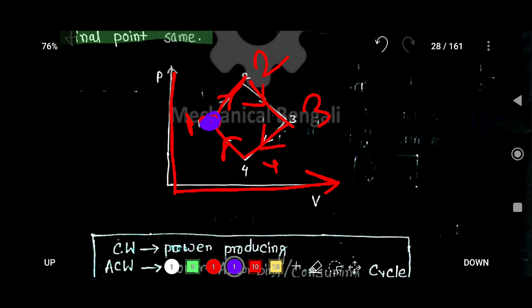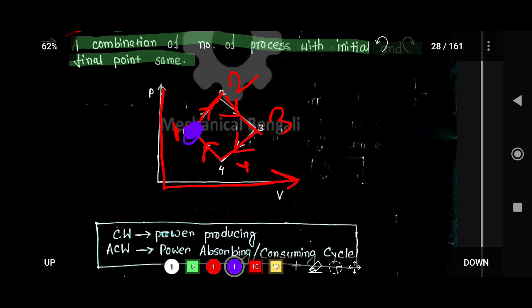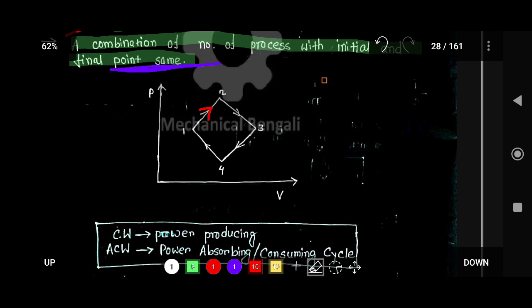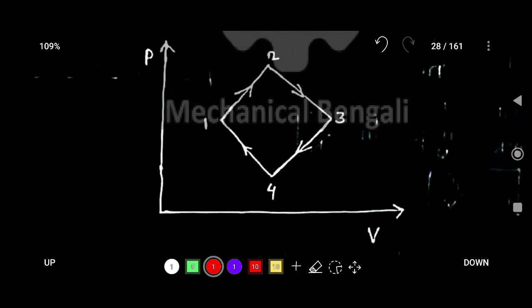The initial point is 1 and the final point is also 1. If the initial point and final point are the same, then you consider it a cyclic process.